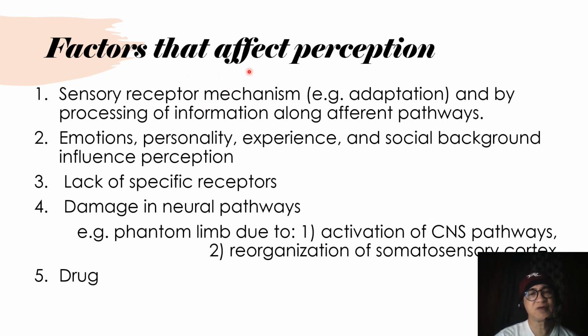So this can affect perception as well. If the signal or information goes along a different route that does not involve receptors or afferent pathways that are sensitive to such stimulus, then perception may be altered or stop.